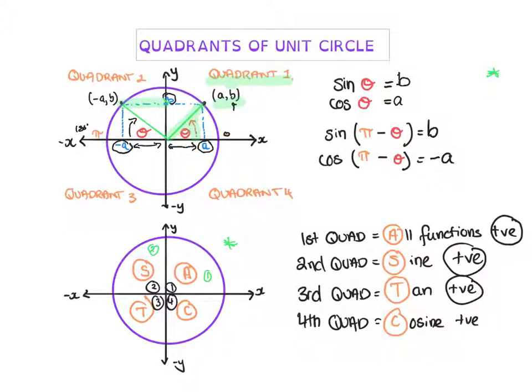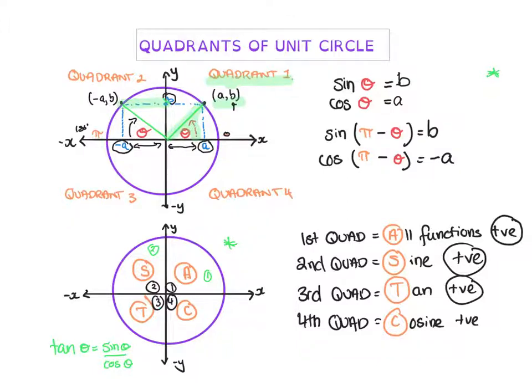The x value, so the cosine, is negative, and tan will be negative too, because tan theta equals sine theta over cos theta. In the third, both sine and cos are negative, which makes tan positive, and cosine is the only one that's positive in the fourth quadrant. So you can use that fact to make your answering quicker.